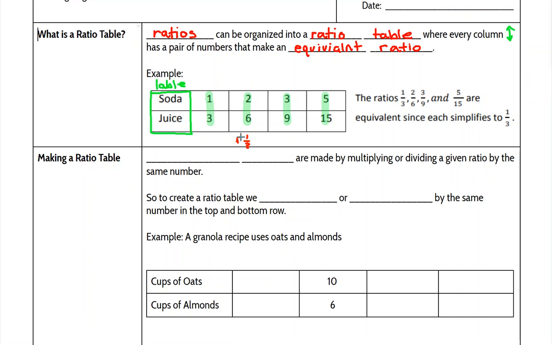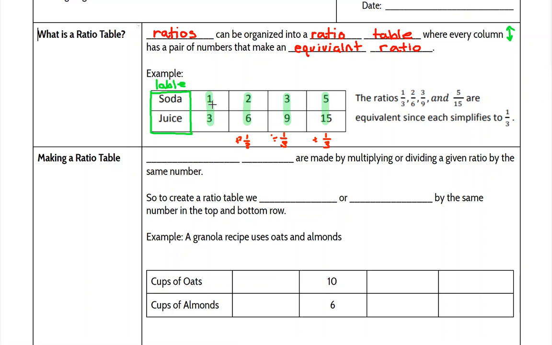If I divide by 3, 3 divided by 3 is 1. 9 divided by 3 is 3, 1/3. Here I can divide by 5. 5 divided by 5 is 1. 15 divided by 5 is 3. So they all simplify to the same number. So they are all equivalent, okay? So that's our ratio table.